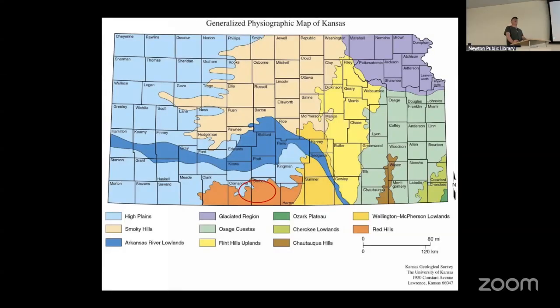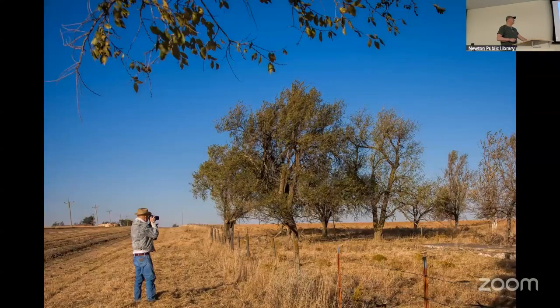Family history says like in the middle of the night. Why? Maybe we don't want to know why. But they left Texas in a hurry and came up and stopped right outside of what's now Coldwater, in the late 1800s.